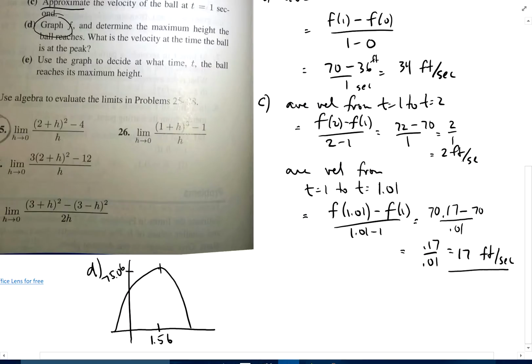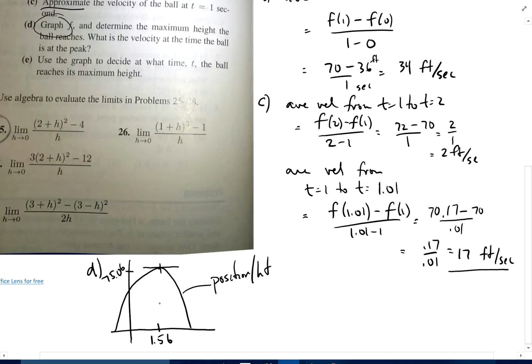And the reason I'm finding the maximum, well, the maximum height is the y value, and the velocity at that point is 0, because the tangent line is horizontal and the slope of it is the velocity. Remember, this is the position, or height, of the ball.